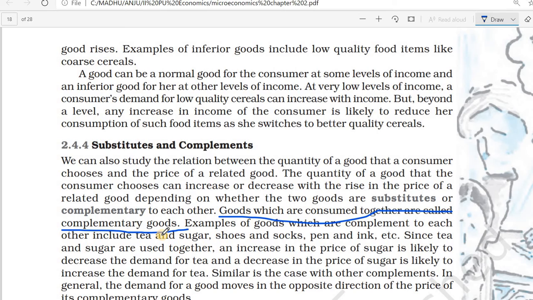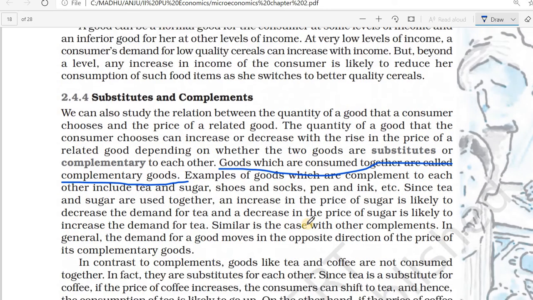Means shoes and socks we are consuming together. Petrol and bike, or petrol and car, we are consuming together. Without petrol we cannot use a car, or without diesel we cannot use a car. Then that one is complementary goods. Pen and ink. If ink is not there, the pen is not useful. This one we are calling as complementary goods. The goods which are consumed together we are calling as complementary goods.